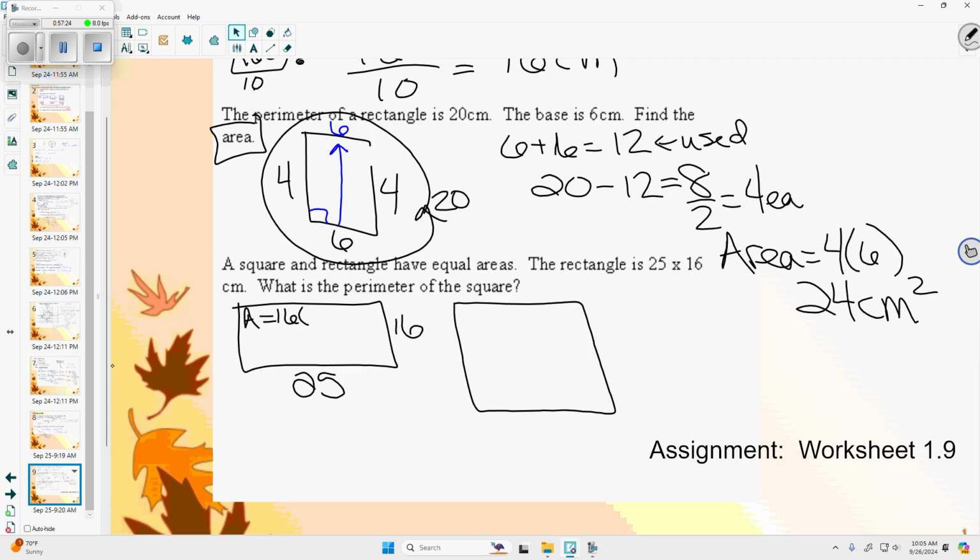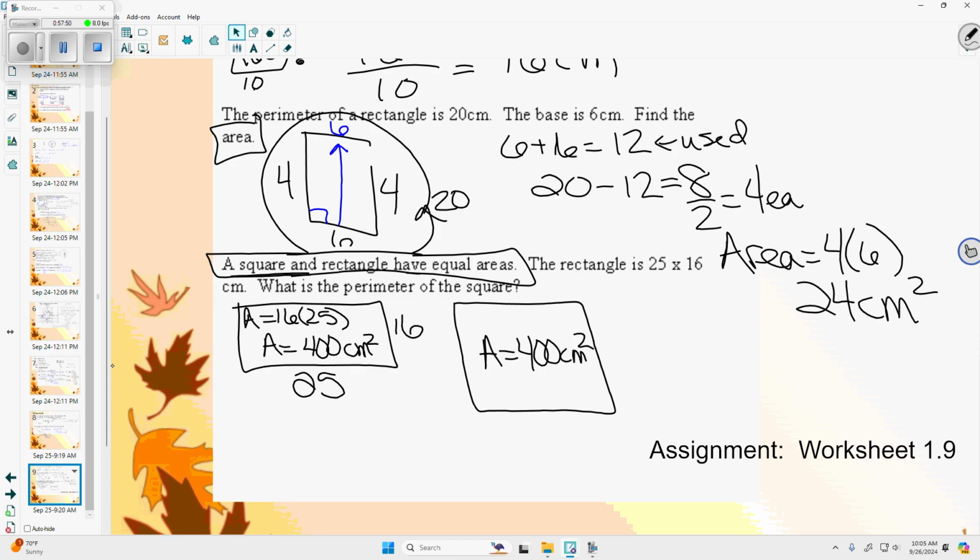Is 16 plus 16 plus 25 plus 25 area? No. 25 times 16. All right, so how much is my area? But now do I know something about the square? Yeah, what's its area? What do we know about the rectangle and the square? Equal areas, so it's the same area.